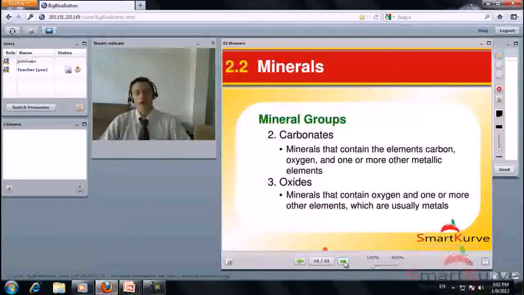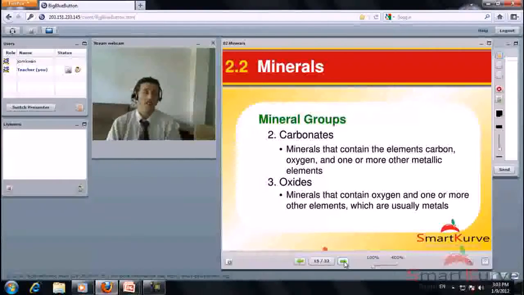Another group, the carbonates, minerals that contain carbon, oxygen, and other metallic elements. In a carbonate, that's when we have carbonic acid, which is carbon with 3 oxygen atoms. It often bonds to metals like iron, or with alkali metals like sodium.